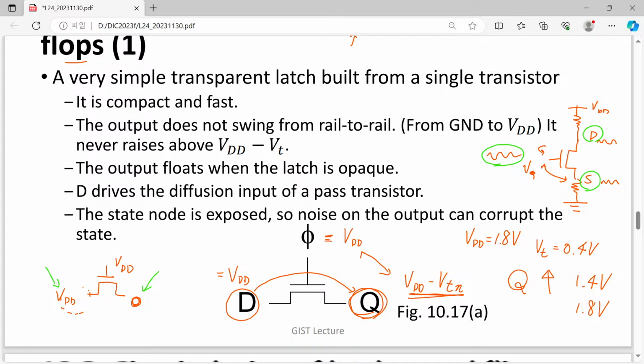But in this digital case, actually this one can be VDD and this one can be 0, or the other way around. So 0 and VDD are equally possible. So now you understand their roles: which one is source and which one is drain can be exchanged quite easily.